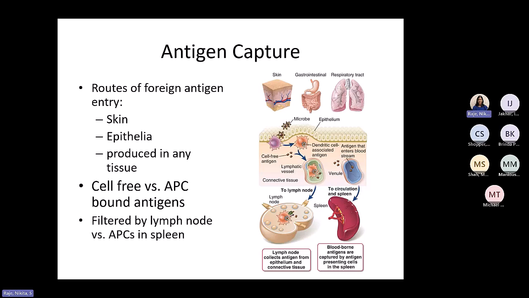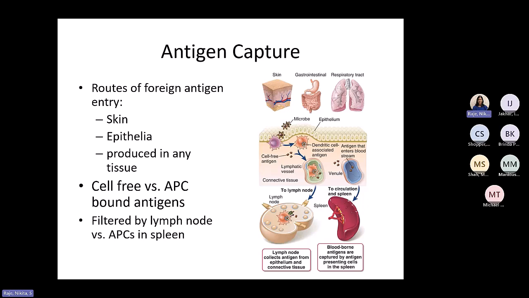So let's talk about the process that these cells use for antigen presentation. The first and foremost step is antigen capture, right? For that, antigen might be entering our body through various routes, skin, epithelia, or it might be produced in any tissue.